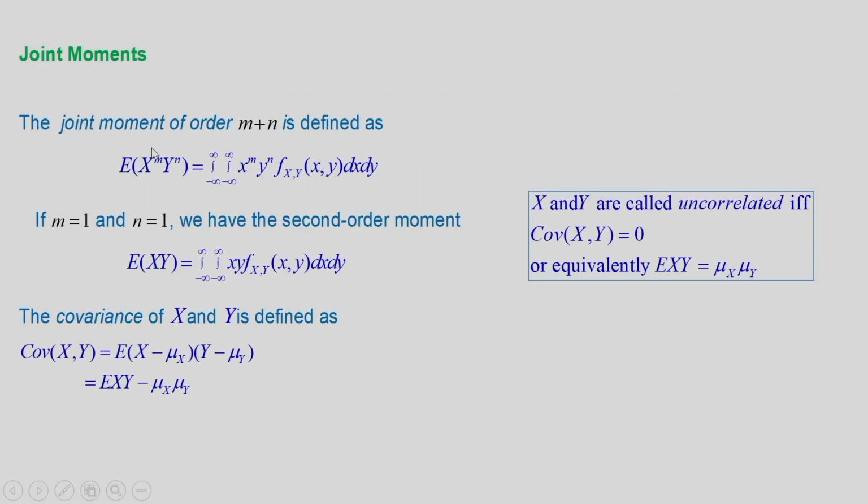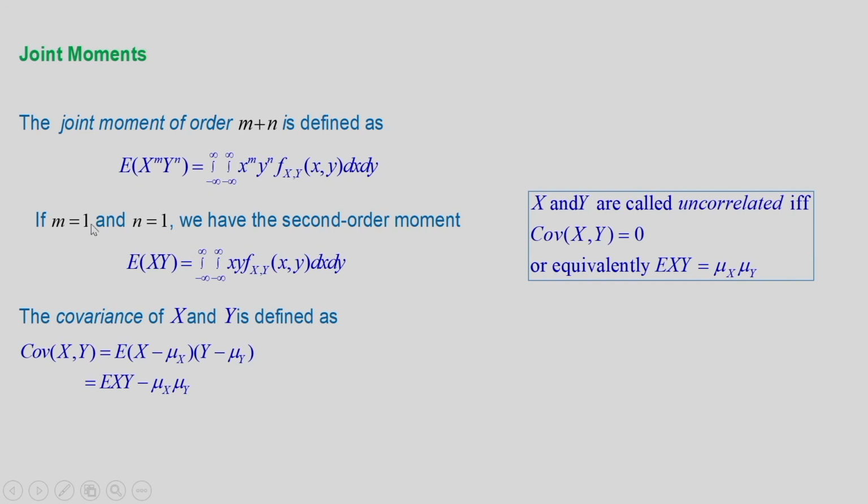Similarly, in the case of multiple random variables, for example joint random variables x and y, we can define the joint moment of order m plus n, given by E of x to the power m into y to the power n. You are taking the mth power of x into the nth power of y and then taking the average value, and this is given by this integral.